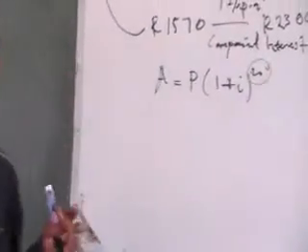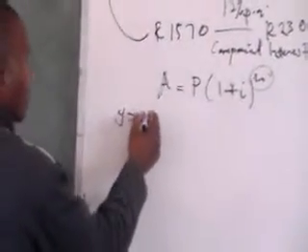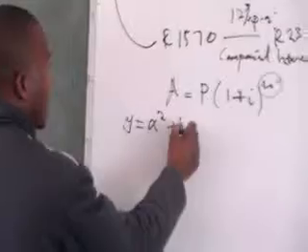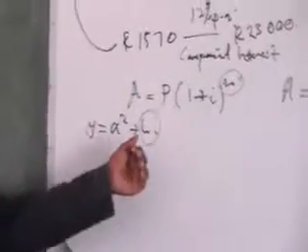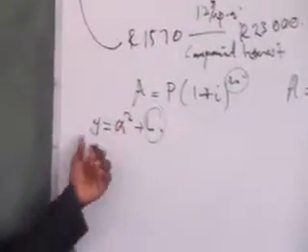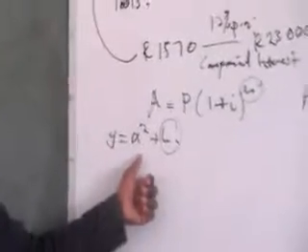Alright. Now, according to any equation that you are given, even if I give you y is equal to x squared plus h, and they say look for h, to be able to solve for this, you need to have the values for the other variables as well.